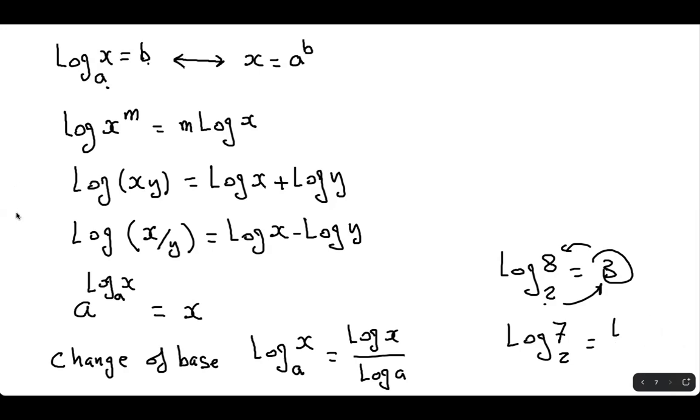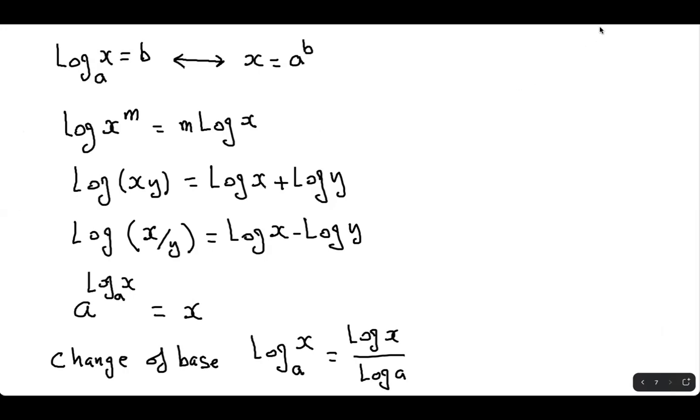And then I'm going to write a few extra rules here that will help you with some of the tough questions. If I have log and the base is a fraction, so 1 over a, of x, just know that you could change that to negative log base a of x.